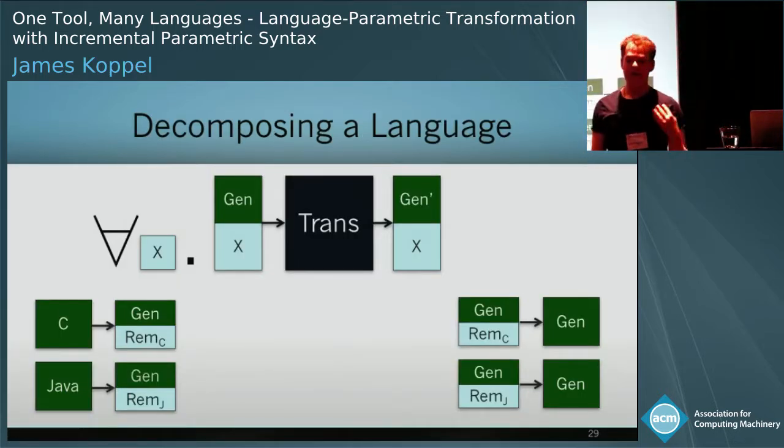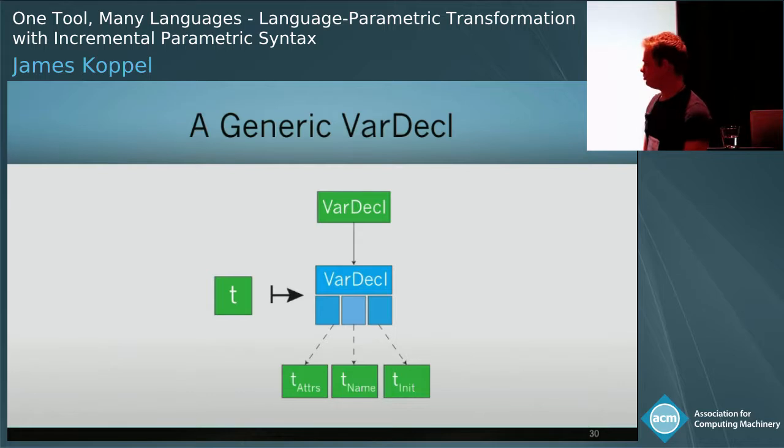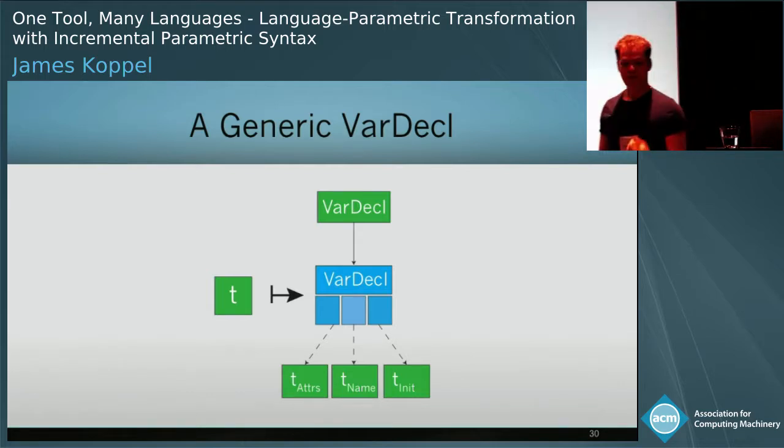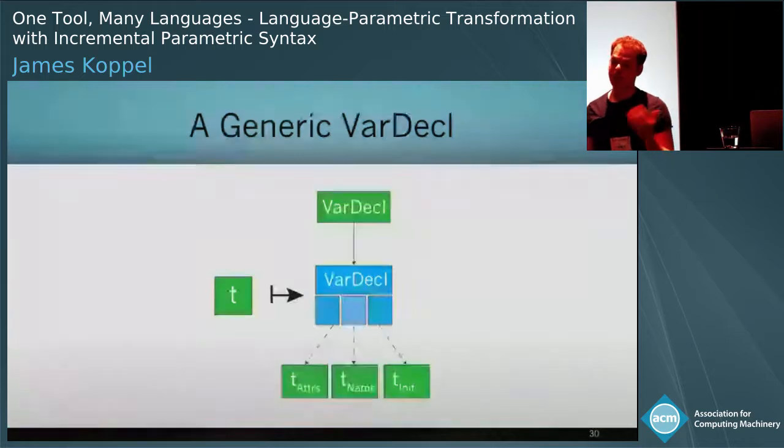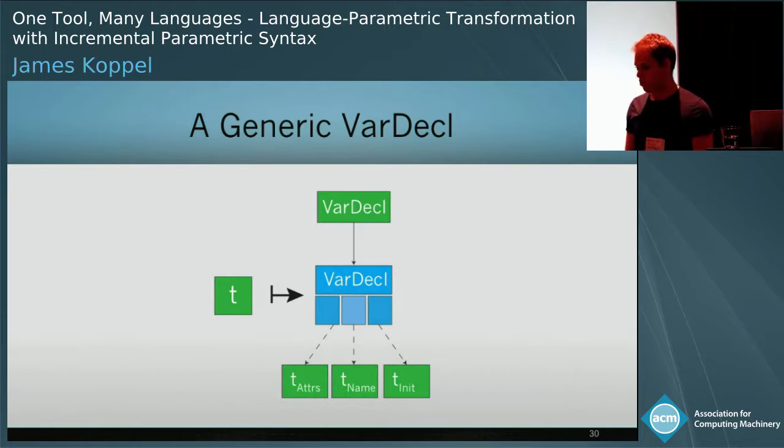We can take a language and decompose it into generic and specific parts. We then write a programming transformation that works only on the generic parts, plus some language-specific operations, and then recompose it back together. So how do we do this? Well, say we wanted to take a bunch of languages and replace all their variable declarations with a generic variable declaration node, so we can write transformations against this generic variable declaration.